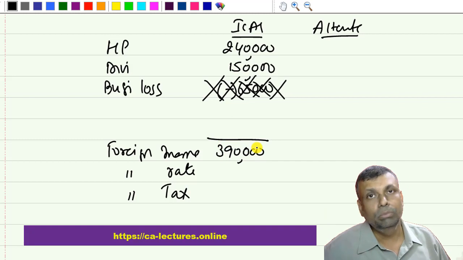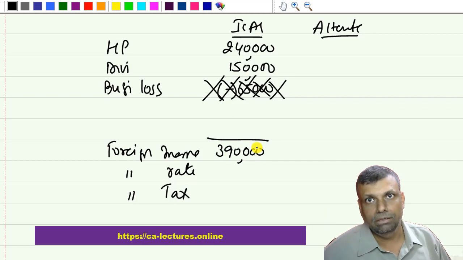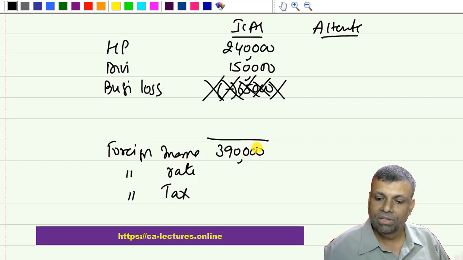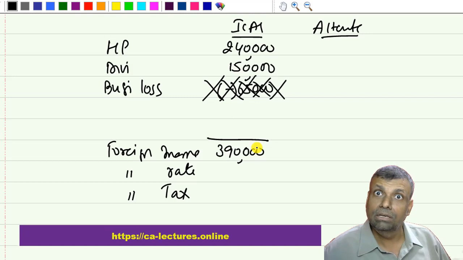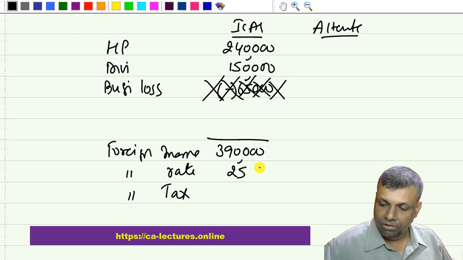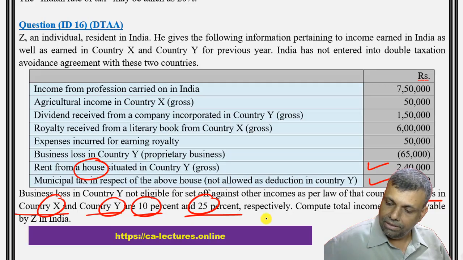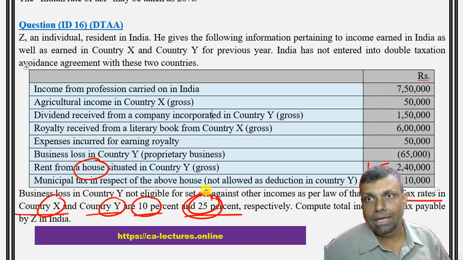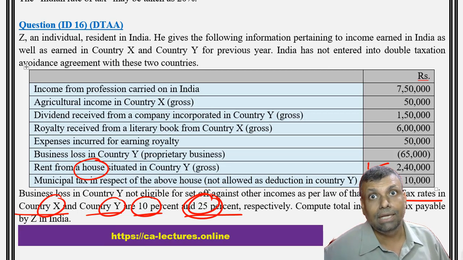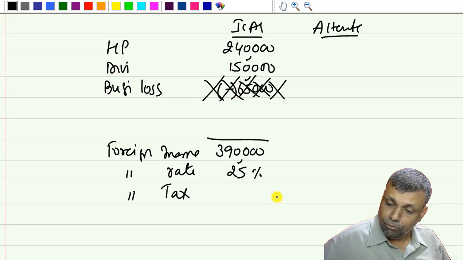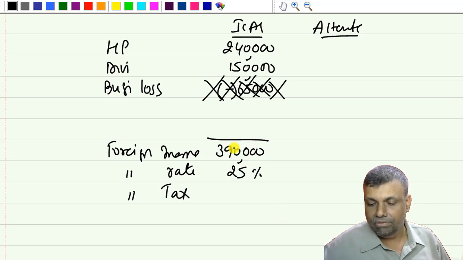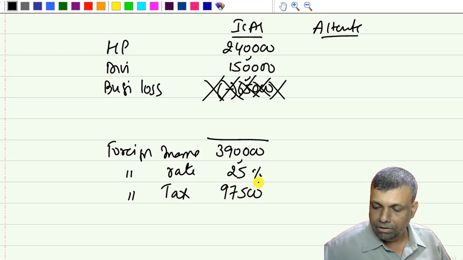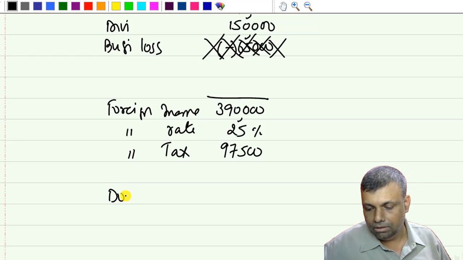As per the question data, your foreign income as per the foreign country law is 3,90,000. The rate of tax printed is 25%, already given to you in the question. So if you have to ascertain the actual rupee amount of tax paid in that country, you multiply 25% by 3,90,000 and get 97,500 as the amount of tax paid in that particular country.